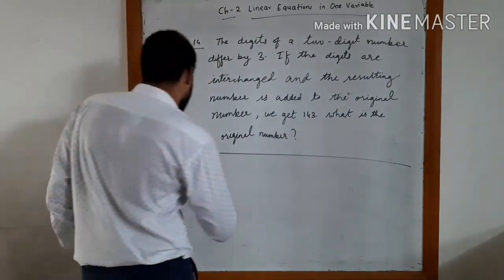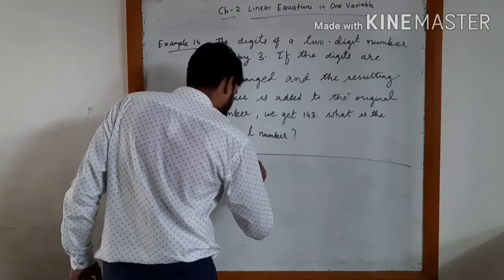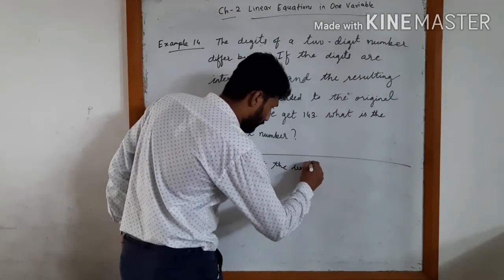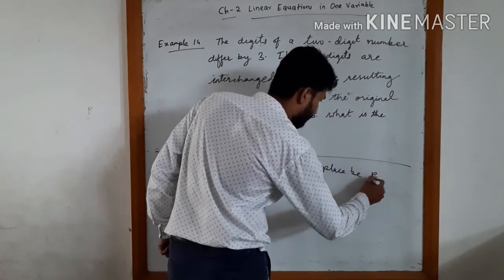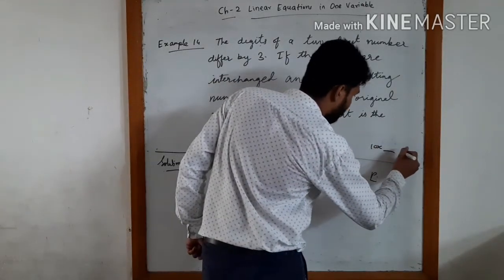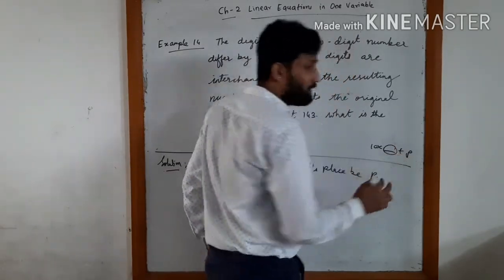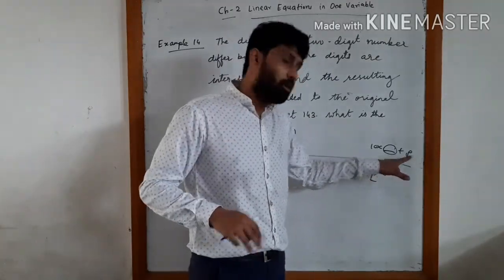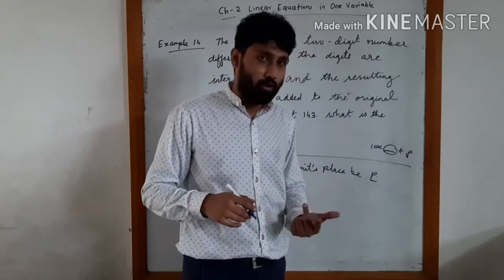So solution: let the digit at the units place be P. Units place, so we have 10 into something plus P. So the difference between this something and P is 3, which means this can be 3 less than P or it can be 3 more than P. So you can take any of the values.